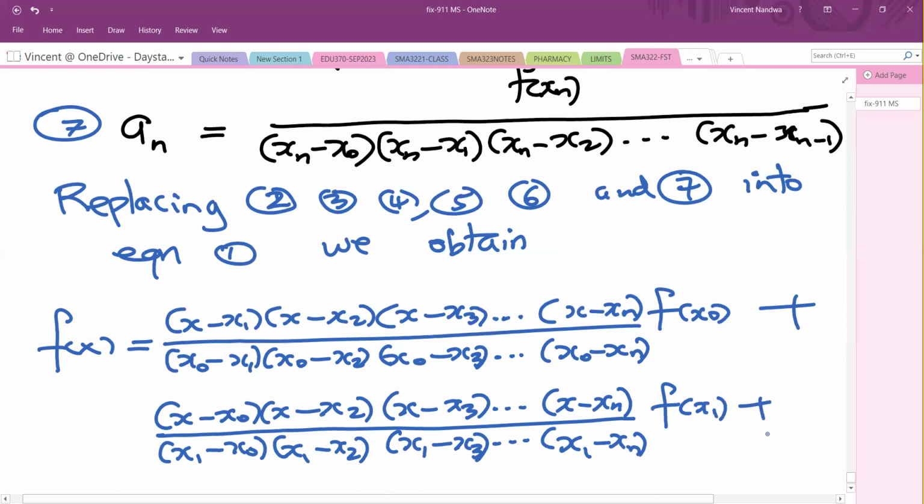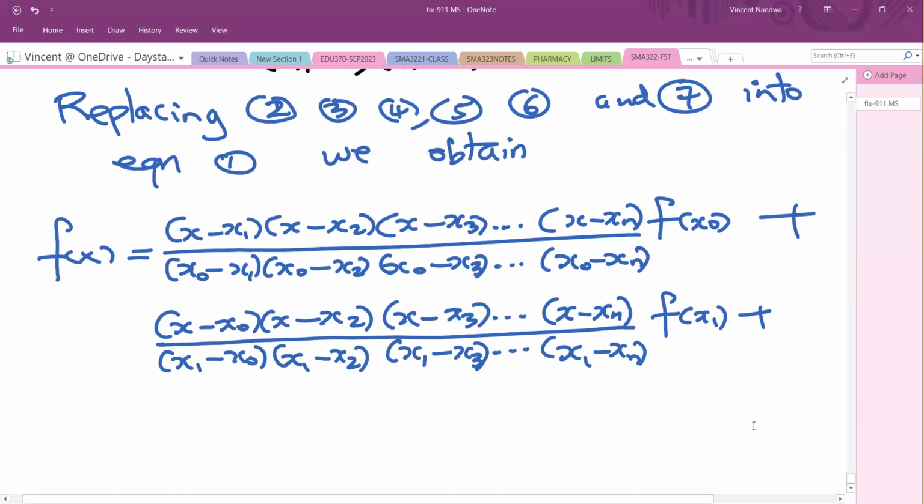So there's always some symmetry on how the coefficients of f of xi's are.